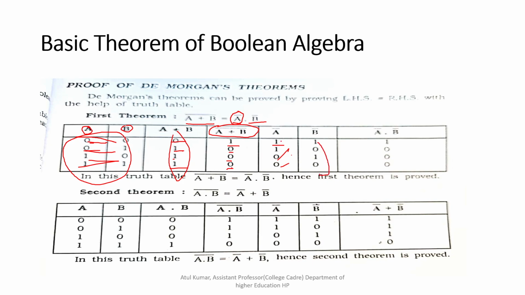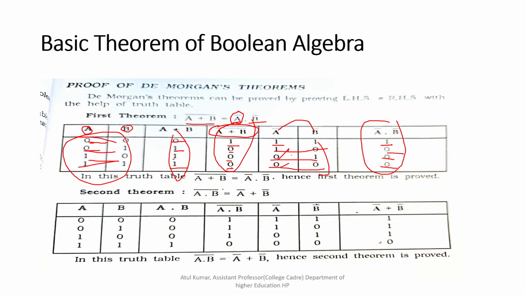When we AND together a complement and b complement, 1 and 1 the result is 1, 1 and 0 the result is 0, 0 and 1 the result is 0, 0 and 0 the result is 0. Now if we look at the columns a bar dot b bar and the complement of a plus b, the result is the same, hence left hand side is equal to right hand side, hence the theorem is proved.